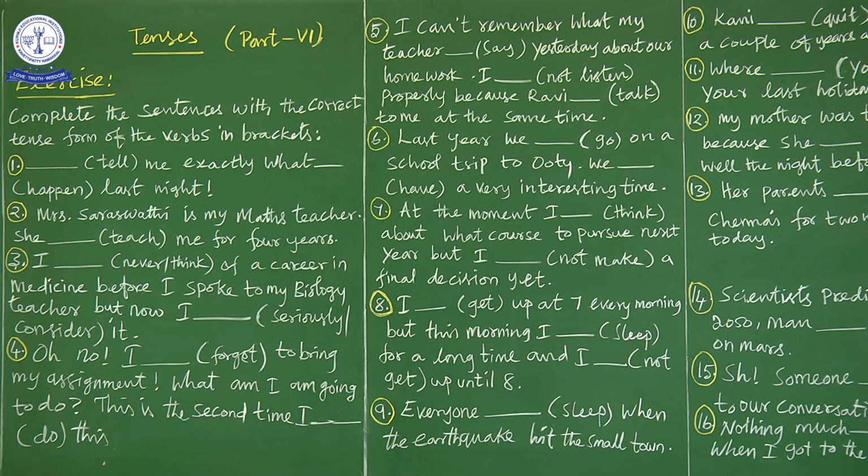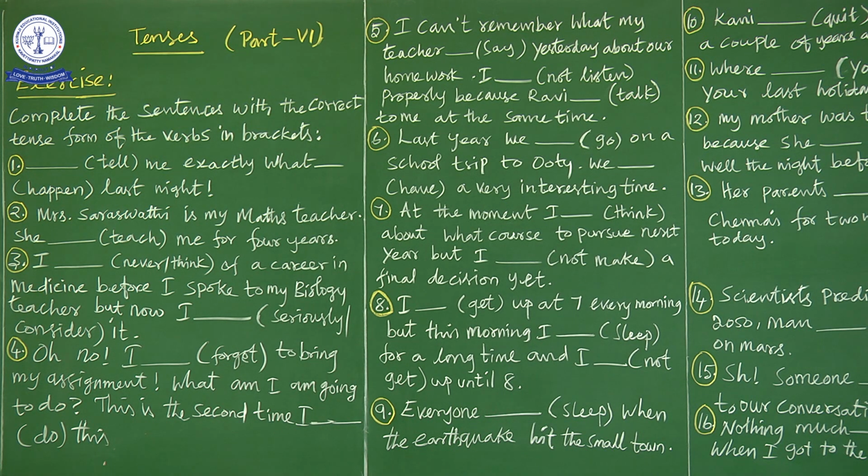It is according to the context. So now the hit is the action which happened. So here you cannot use everyone had slept when the earthquake, because it is a continuous action. Which is the continuous action? The sleep is a continuous action. So the answer is everyone was sleeping when the earthquake hit the small town.